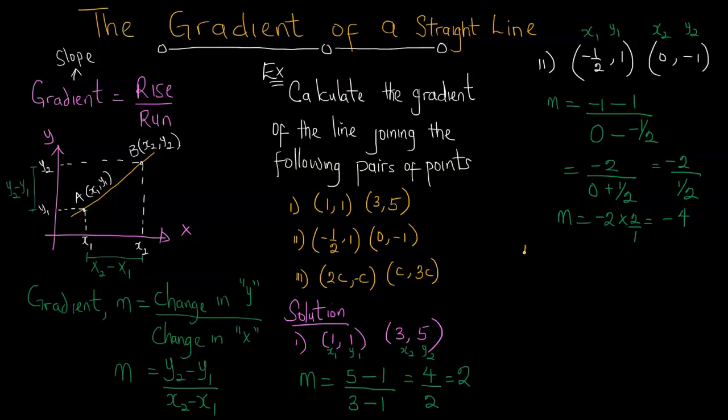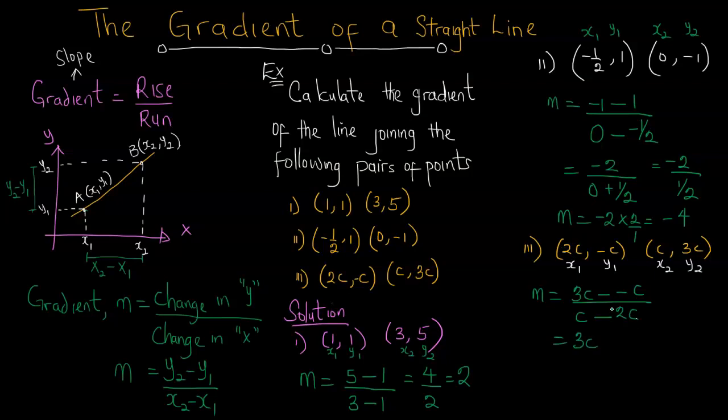So the third one, we've got this pair of points. So the first thing we are going to do is identify the points, then label each point x1, y1, x2, y2. Thus, the gradient here would be y2 minus y1, that's 3c, minus y1, y1 is negative c, divided by x2, x2 is c, minus x1, that's 2c.